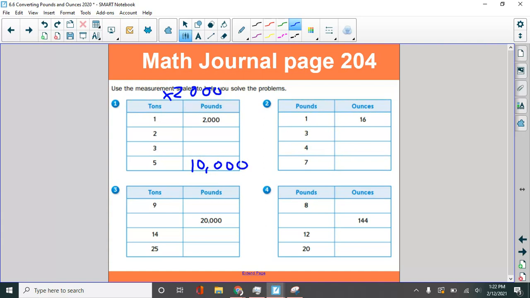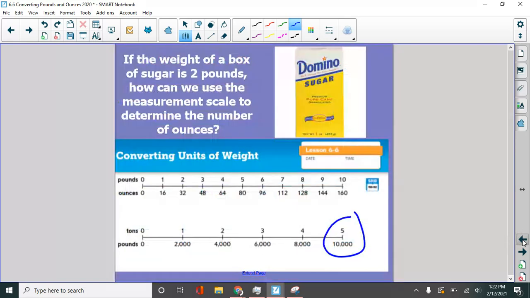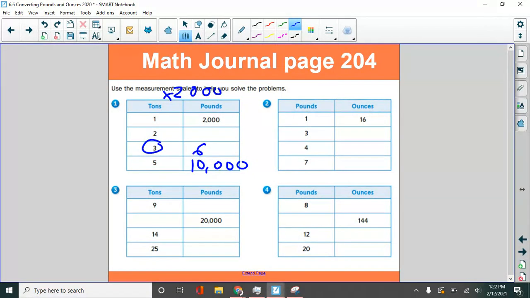Let's have you do one. What about 3 tons? Use the chart. How many pounds for 3 tons? 6,000, right? So 6,000 goes here. I'm not going to do all these with you. You're going to do some for sure. But then we get off of the chart. 14.